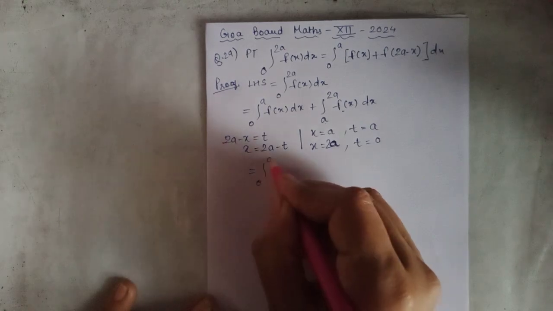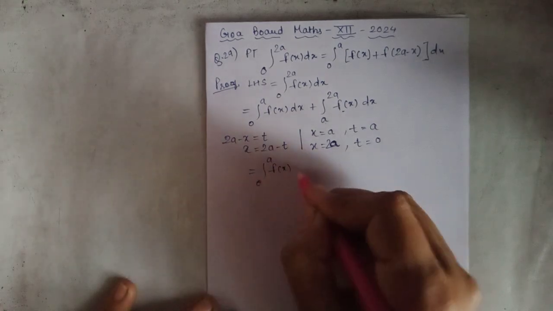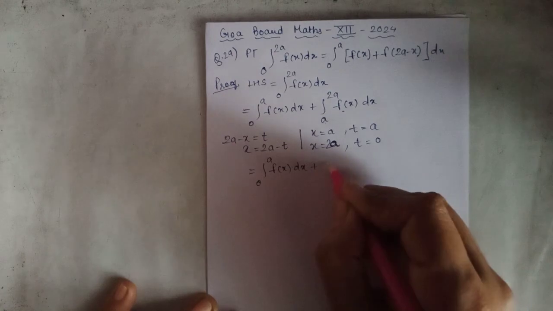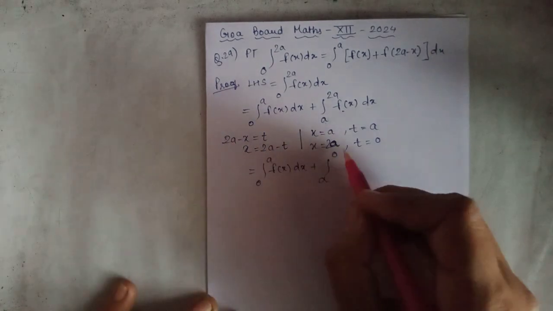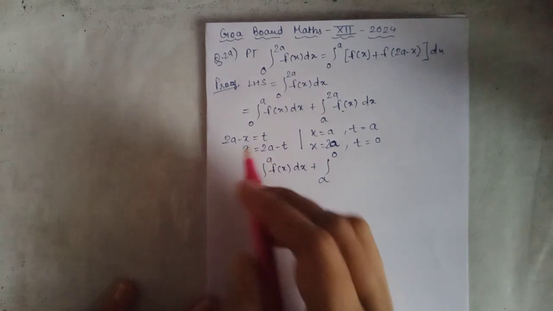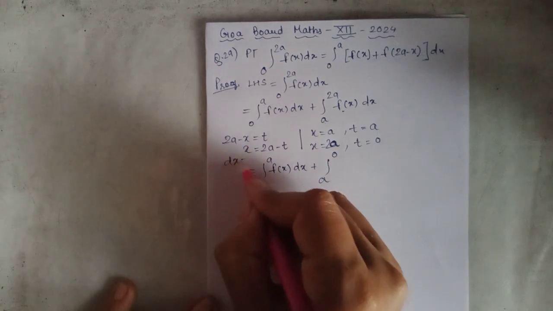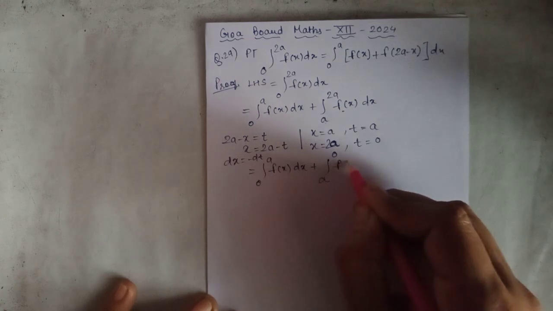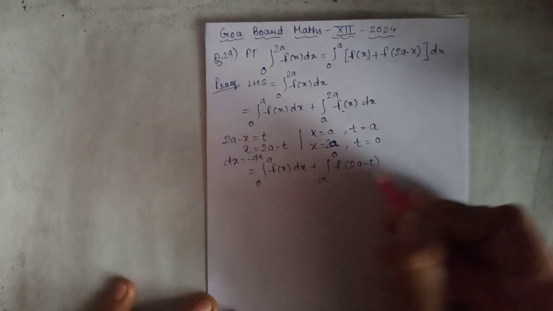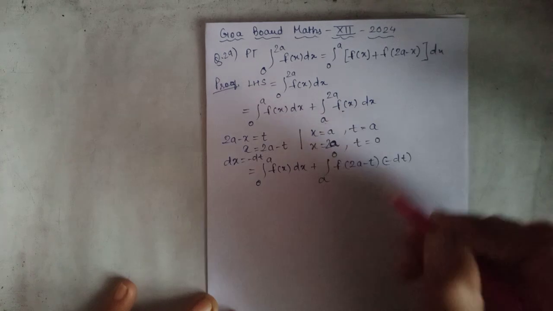So our integral becomes, the first integral you keep as it is, and here the limits become a to 0. Also we take the derivative, so dx will be minus dt. Substituting, you will get f(2a minus t) times minus dt.